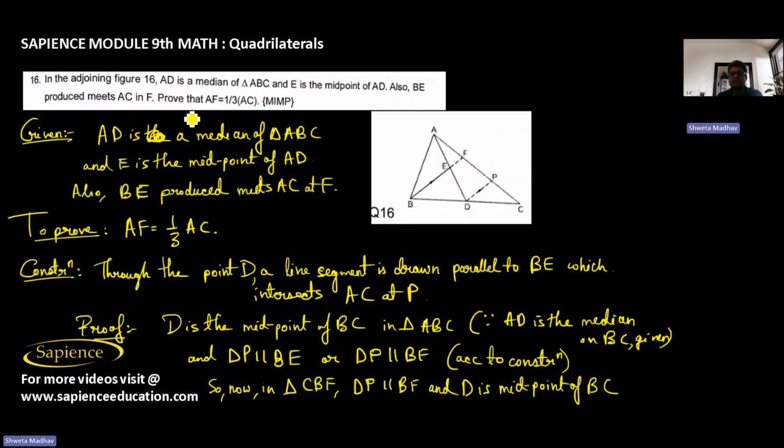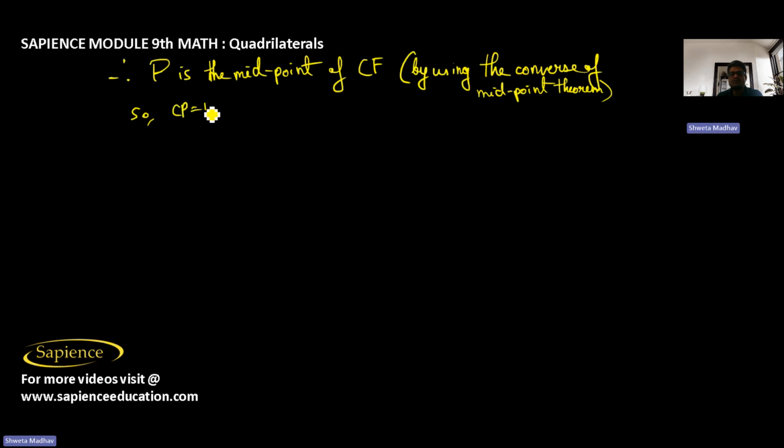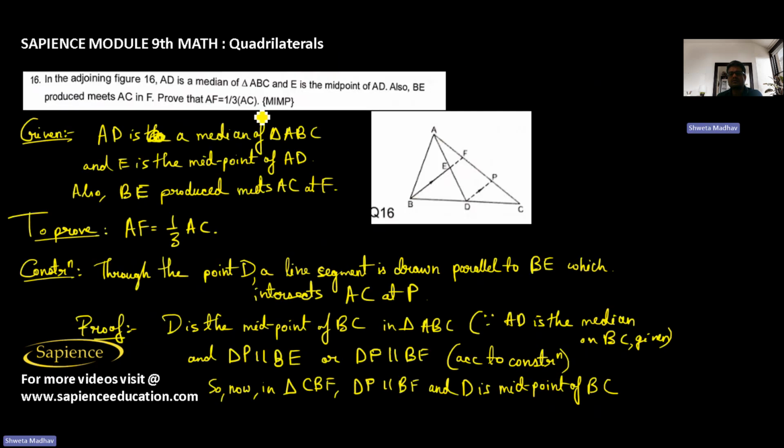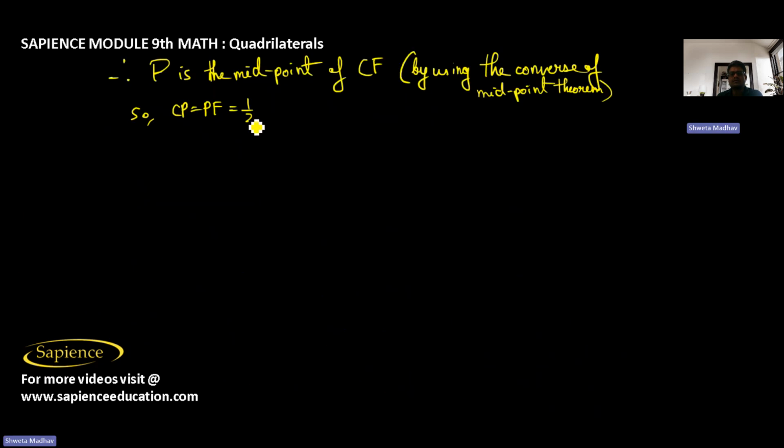So therefore we can say that CP is equal to PF, which is equal to half of CF.